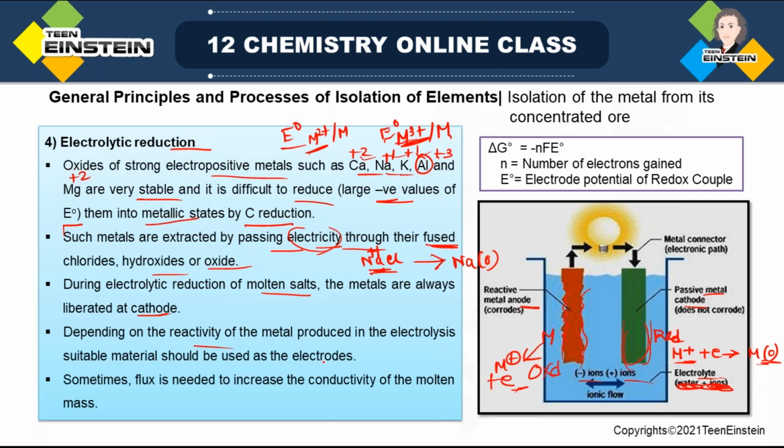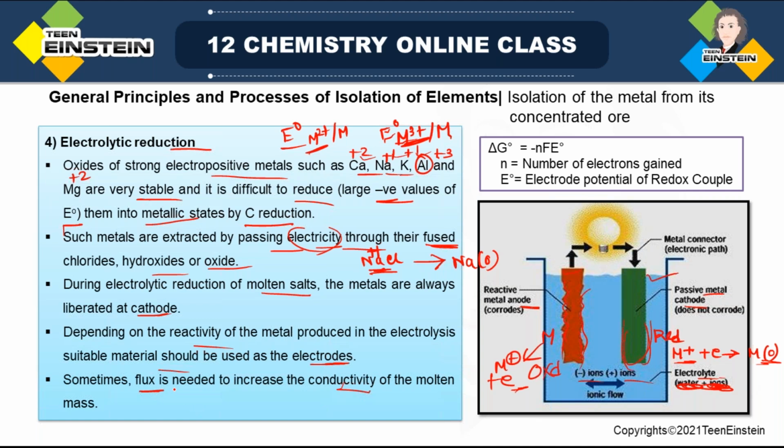Now, depending on the reactivity of the metal produced in the electrolysis, a suitable metal should be used as electrodes. That is, we are talking about these electrodes. Okay, it may vary depending on what type of salt we have taken. In this case, sometimes we can add flux to increase the conductivity of the molten mass.